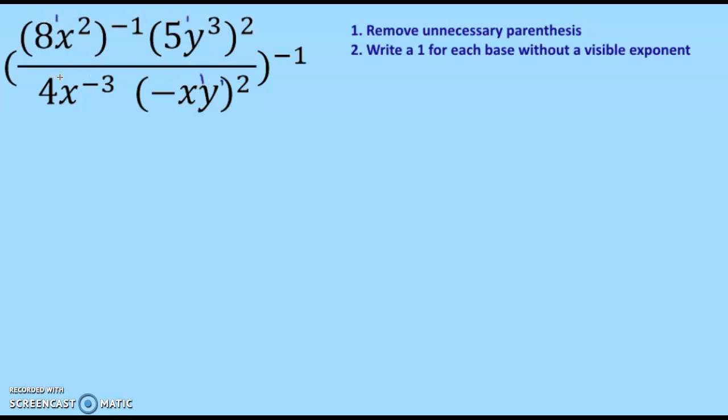We don't have to write a 1 right here yet. We're not distributing anything, but let's go ahead and write a 1 anyway. Okay, the next step, let's go ahead and distribute each of these in. So the negative 1, the 2, and the 2.